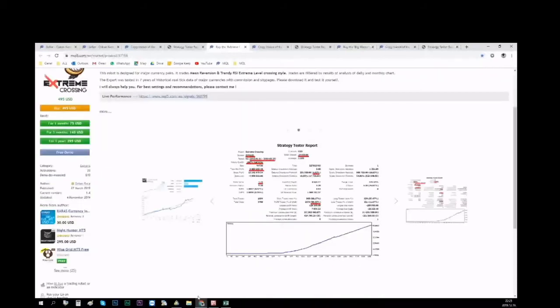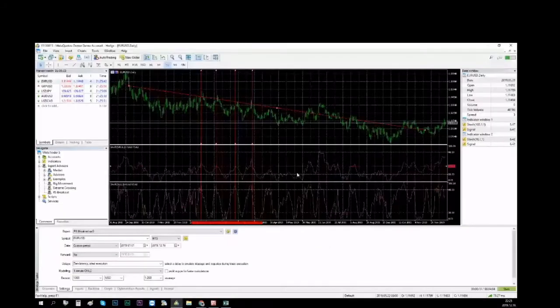Euro dollar alone is about 27 percent of all transactions in the world. I think technical analysis works on major currencies more than others, so I'm always using euro dollar to develop strategies, and it gives me a good sign for the whole market.